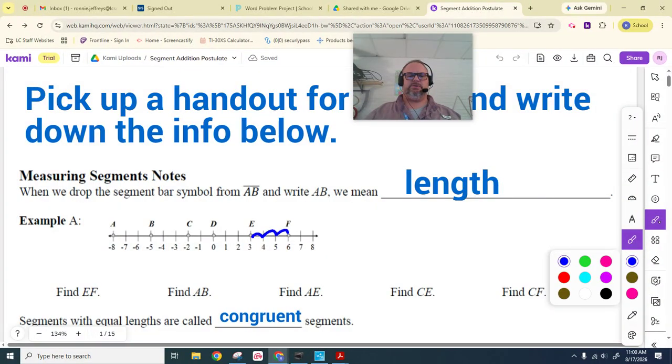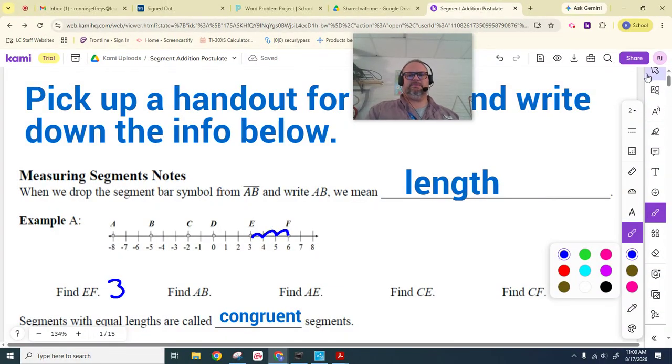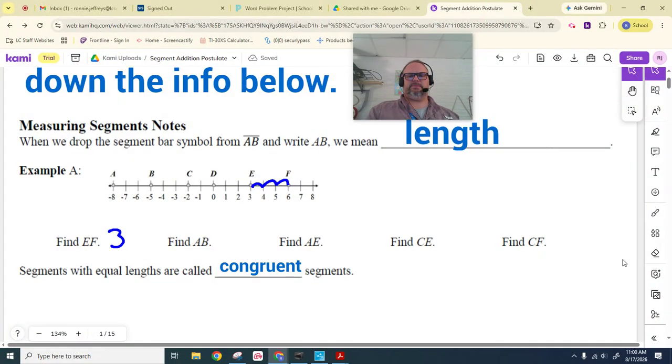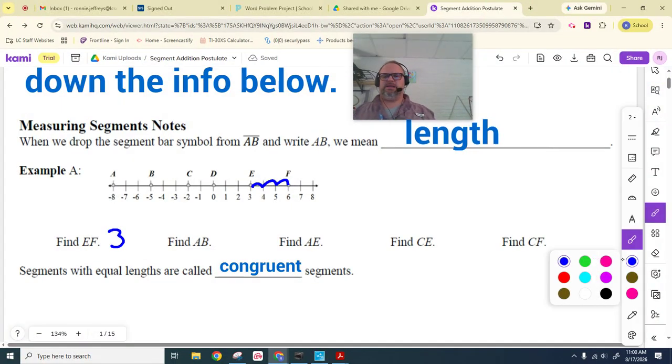So 1, 2, and 3. All right. The next one, A to B. 1, 2, 3. A to E. Well, this is 3, so we're going to keep going. So 4, 5, 6, 7, 8, 9, 10, 11.